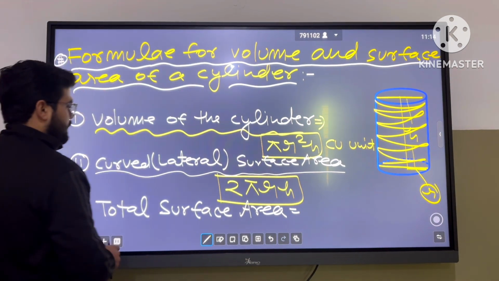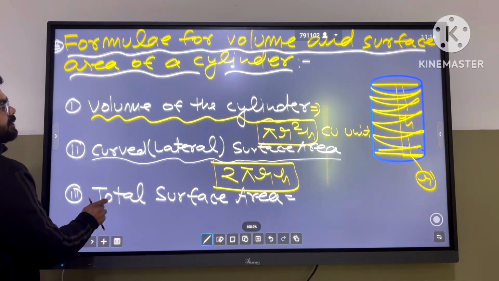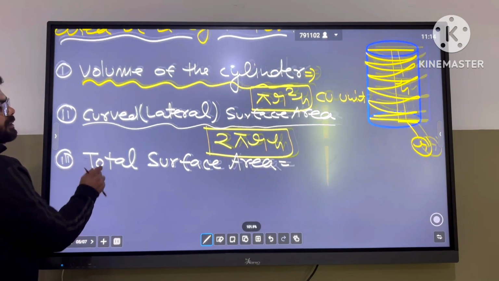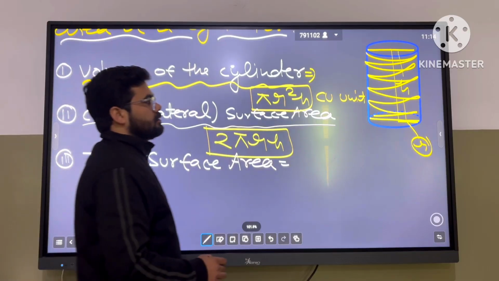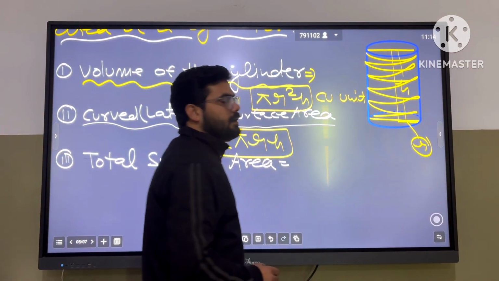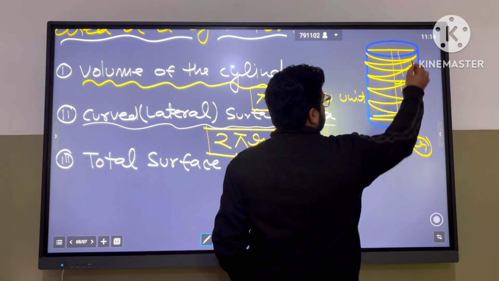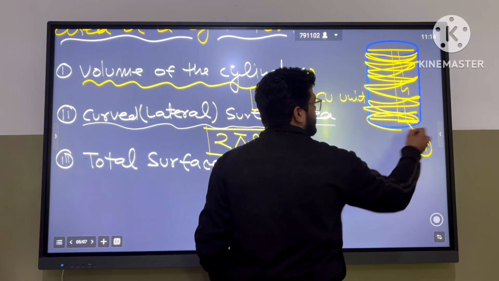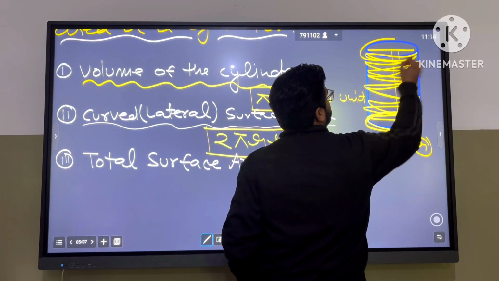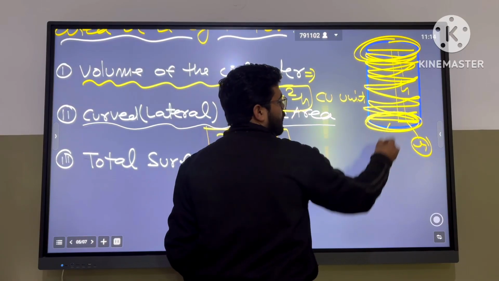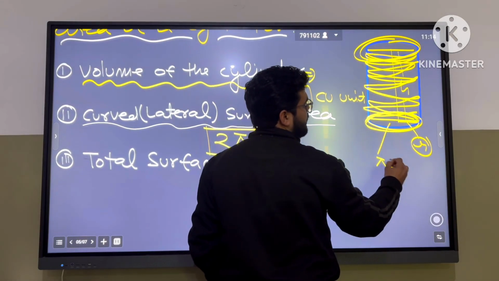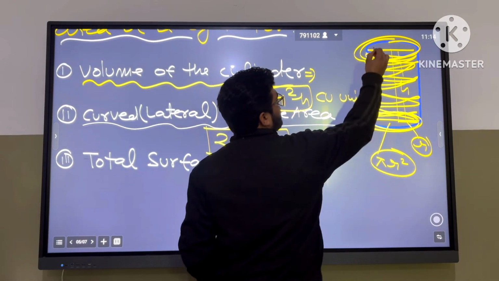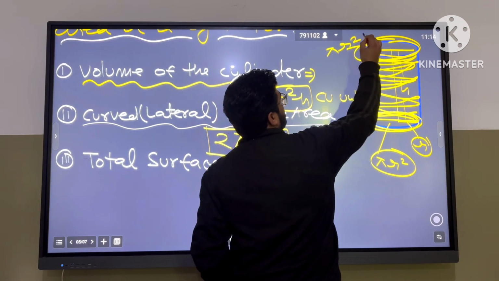And the next one is the total surface area. The total surface area of the cylinder includes this curved surface area plus this circular area and this circular area. What is the area of a circle? Pi r square. This is pi r square, and this is also pi r square.